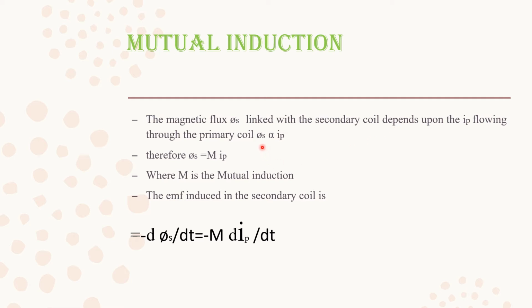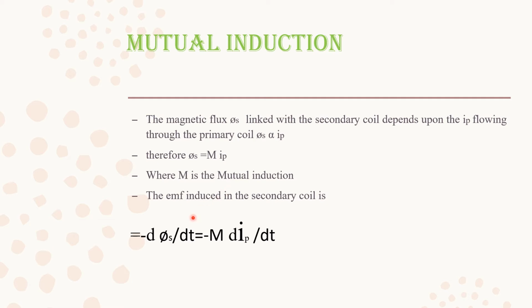So we can write that phi s, the magnetic flux linked to the secondary coil, is directly proportional to the current flowing through the primary coil. So this equation, phi s is directly proportional to I P, can be written as phi s is equal to M into I P. We have simply introduced a constant M, which is nothing but the coefficient of mutual induction.